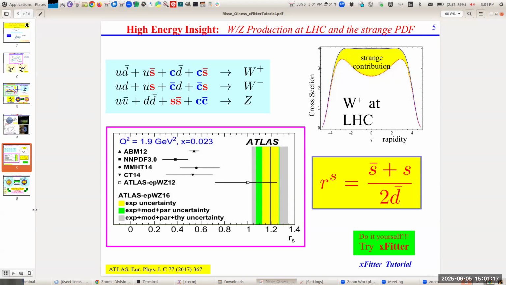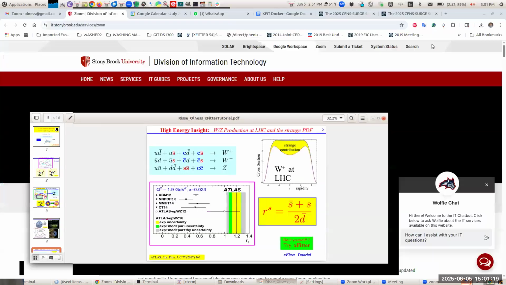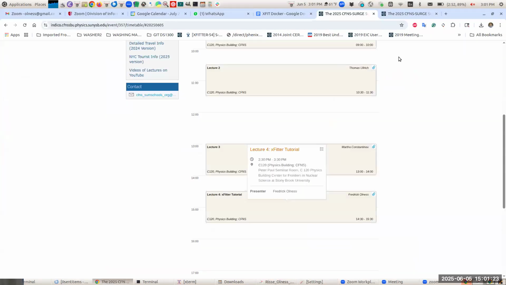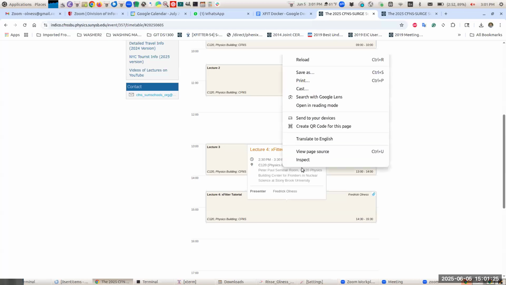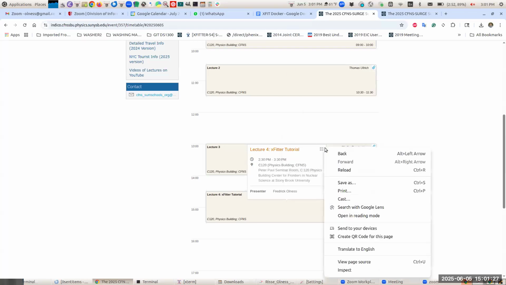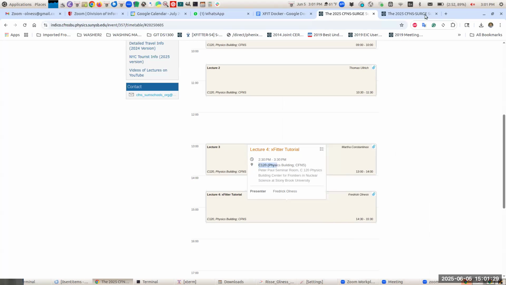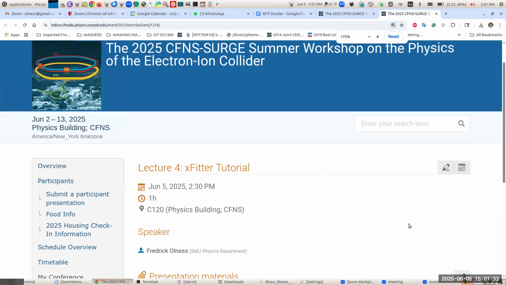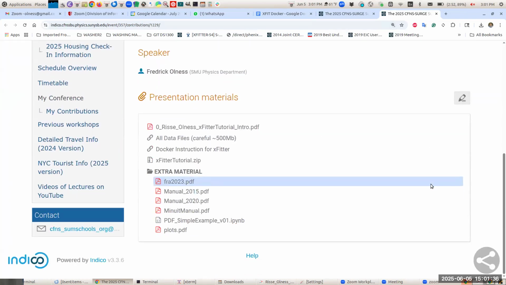So let me give you a tour very quickly of what's on the web. If you just open this in a new tab, you'll see there are lots of things here, but probably the most useful is the overview. This is a link to the Docker instructions.